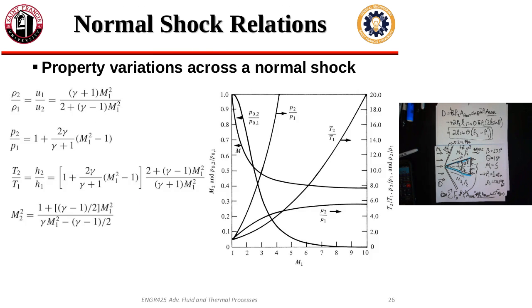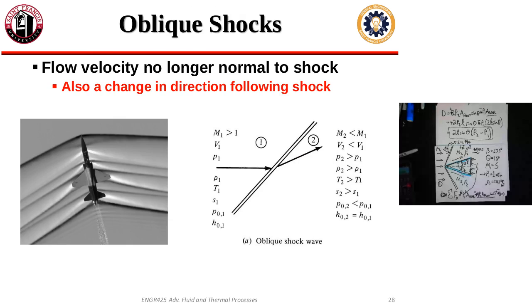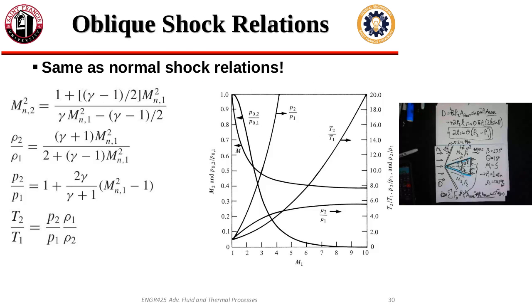which we said were pretty much exactly the same as the normal shock relations, just with the normal Mach number. So 1 plus 2 gamma over gamma plus 1 times quantity, the normal Mach number squared minus 1. That's P2 over P1.